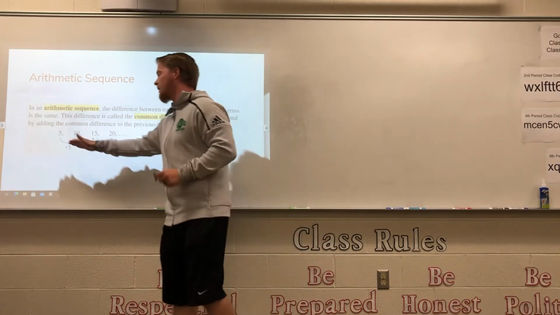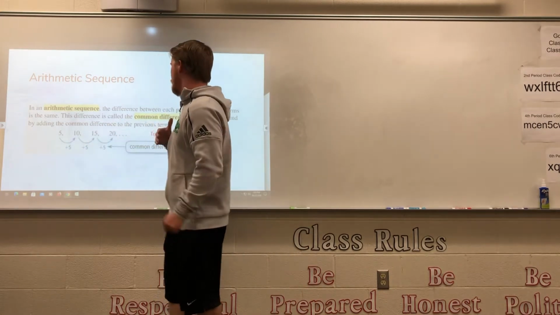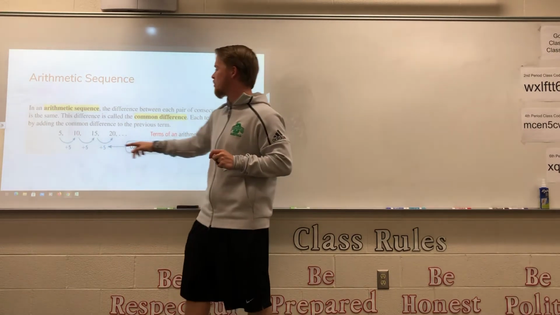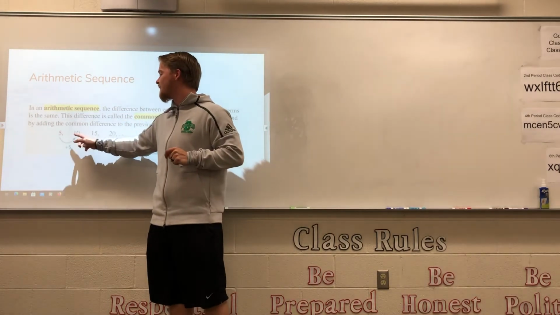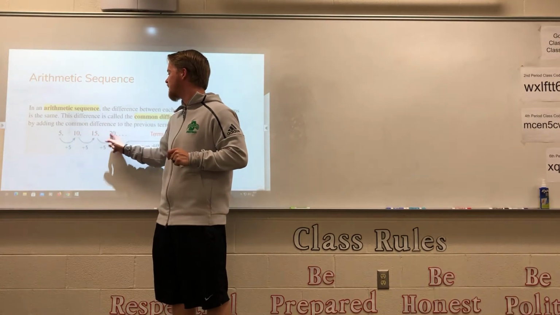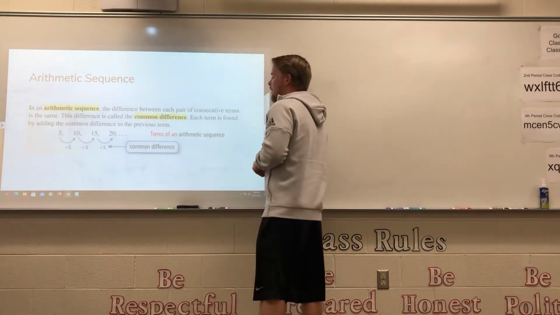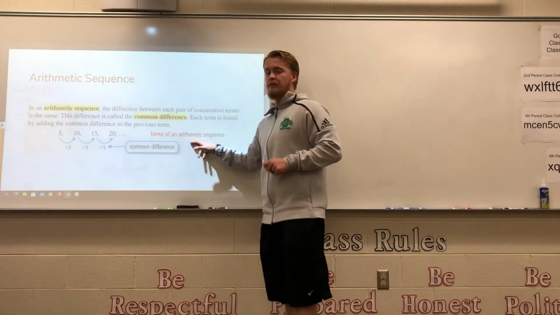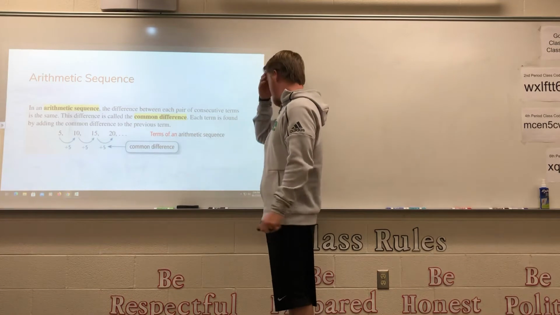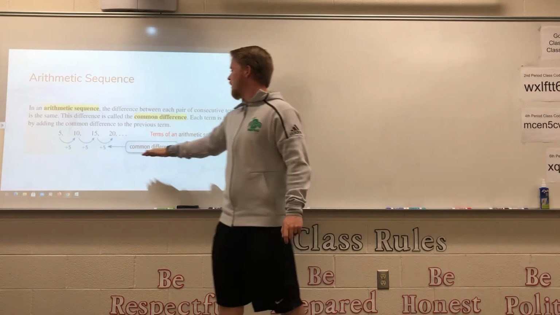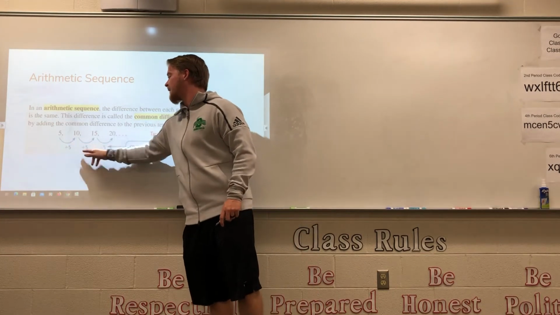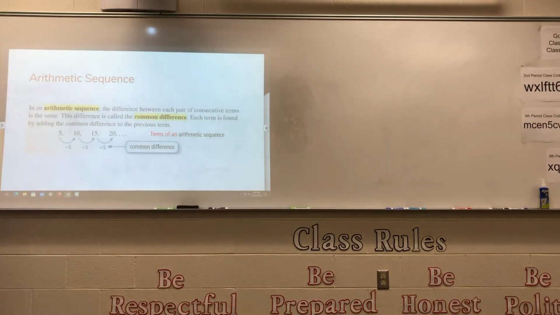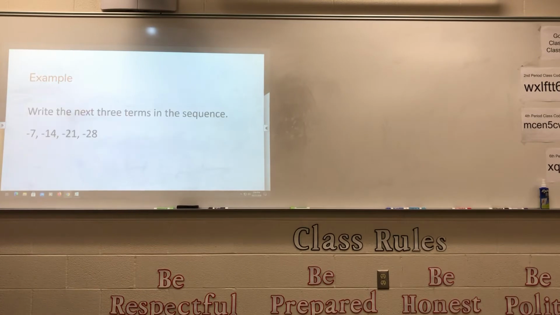Looking at this example again, 5, 10, 15, 20, your common difference is plus 5, because that's what they're doing each time. 5 to 10, you added 5. 10 to 15, you added 5. 15 to 20, you added 5. All of these, 5, 10, 15, 20, are called terms of an arithmetic sequence. This is your common difference, adding 5 each time. That's more of just the vocab and understanding all of that.